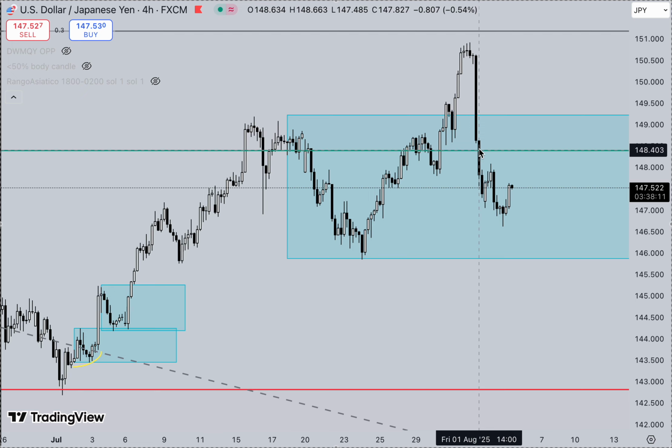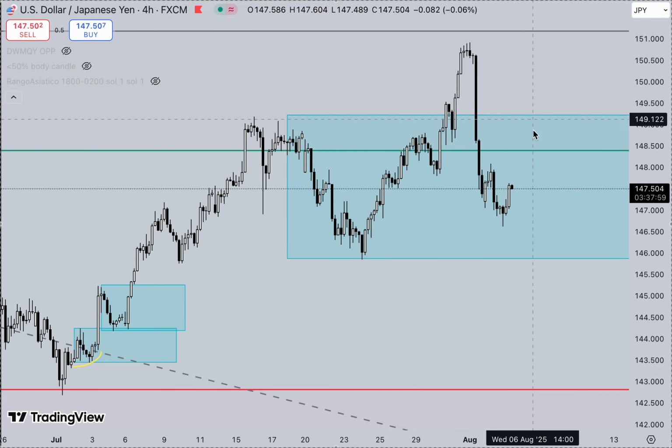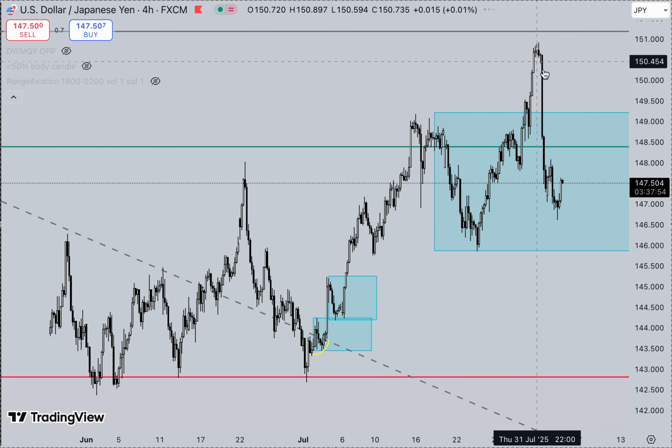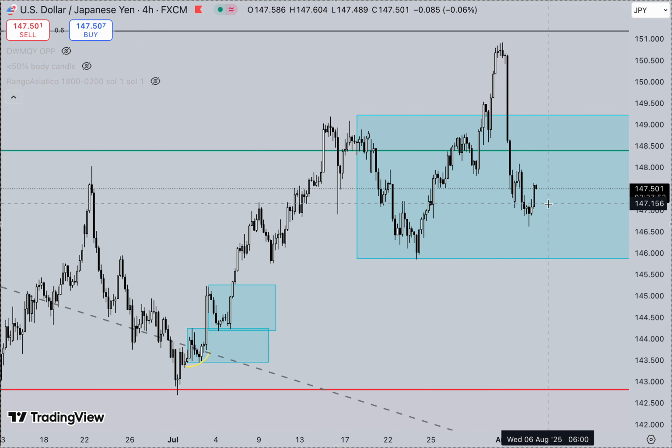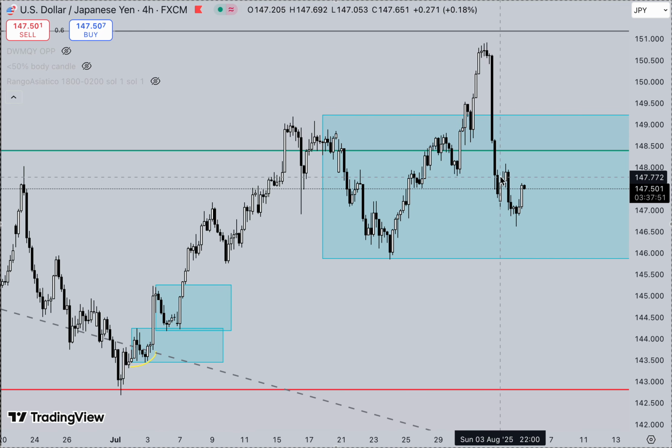So this is our news candle. We've taken out the lows. Usually when we have news, we take out the lows, then we go take out the high of the news. So now we just want a retracement into the highs, and then we can find buys from the break of this fractal structure.